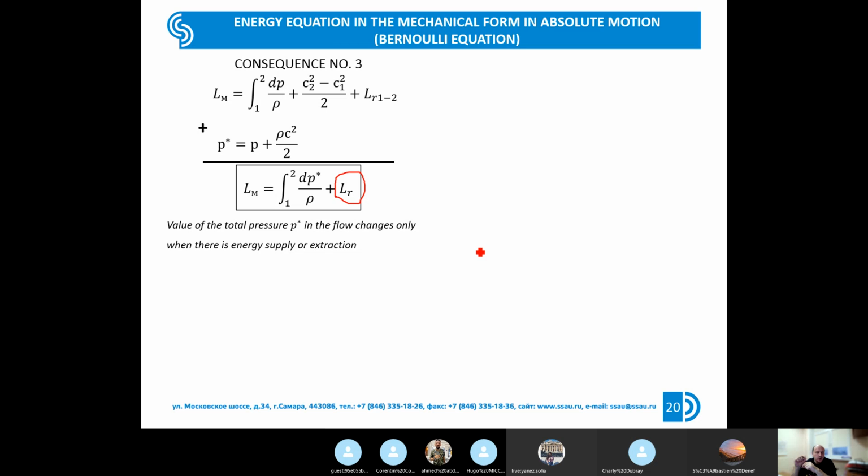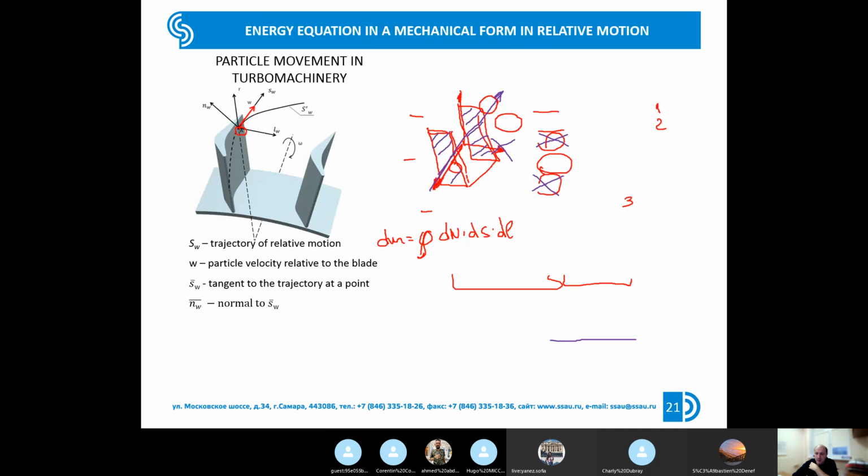That's why if you have losses, total pressure will drop a little bit, but total temperature will be constant. Simply said, the total temperature changes like total pressure, but we have two differences. Total pressure does not depend on supplying heat, and total pressure depends on the losses. Total temperature does not depend on the losses.